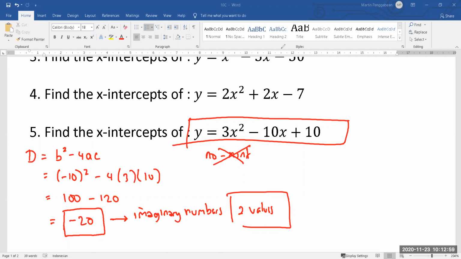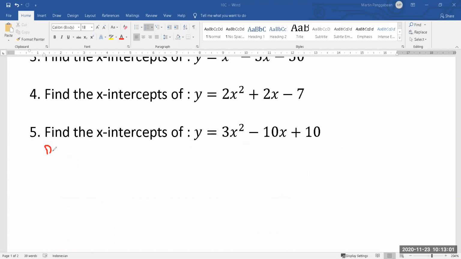Let me just clear it. I know that the discriminant d equals negative 20. So just use the quadratic formula. x1, x2 equals negative b plus or minus the square root of d over 2a. So it equals 10 plus or minus the square root of negative 20 over 6.